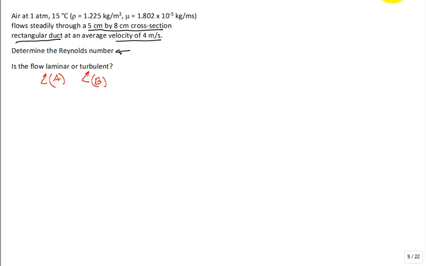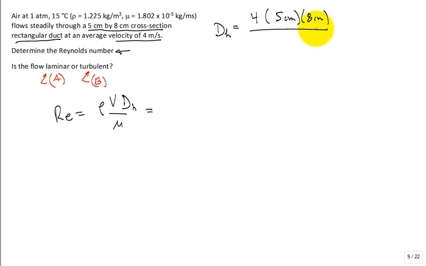All right, we're there. Hopefully everybody was able to get it in. So you need to calculate the Reynolds number, which is rho v d hydraulic divided by mu. And so we're going to need the hydraulic diameter. It's 4 times the area over the perimeter: 4 times the 5 centimeters times 8 centimeters divided by the perimeter, which is 2 times (5 plus 8) centimeters.